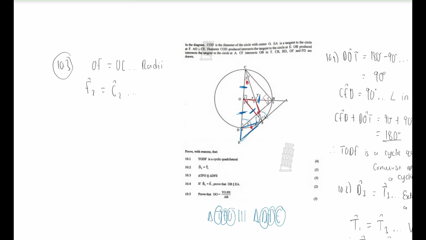Why? Because they are angles opposite equal sides. And then you're going to say your F2 equals your F4, which equals your angle C2. Why? Because of the tan chord theorem.